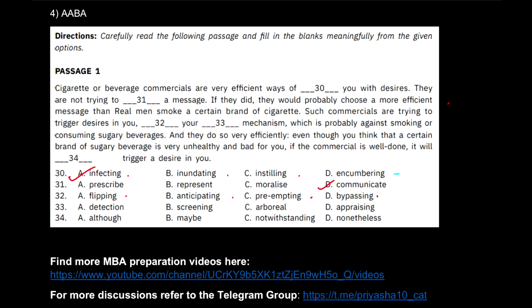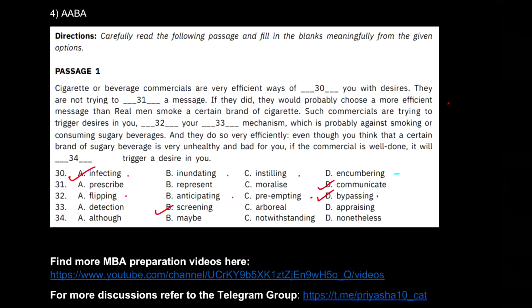For the 33rd blank, dash mechanism, detection mechanism, screening mechanism, yes, because we are talking about our screening mechanism, which is probably against smoking or consuming the beverages. So since screening is being discussed, we will bypass it because our inner mechanism is being discussed and we are changing it, we are bypassing the current screening mechanism.